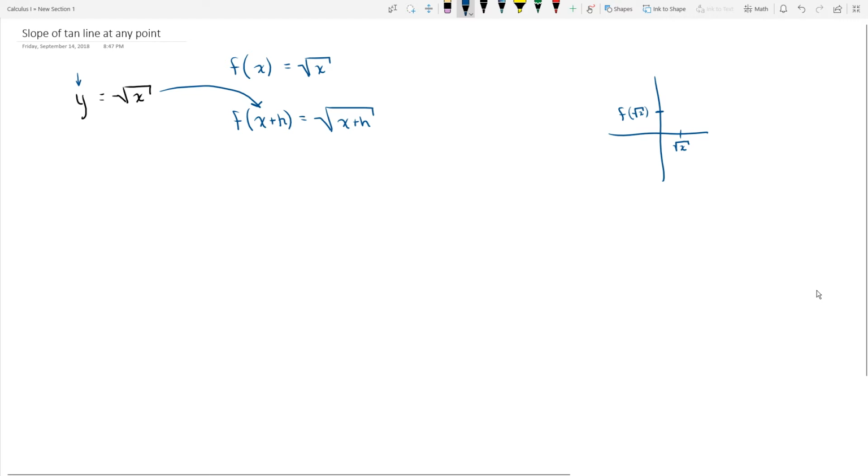Using the difference quotient, what we can then do is set that up, and we will say that for the slope of the tangent line, we have the limit as h approaches 0 of the square root of x plus h minus the square root of x, and that, of course, is divided by h.